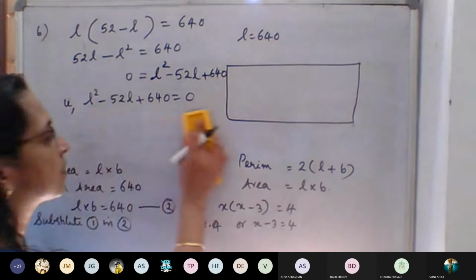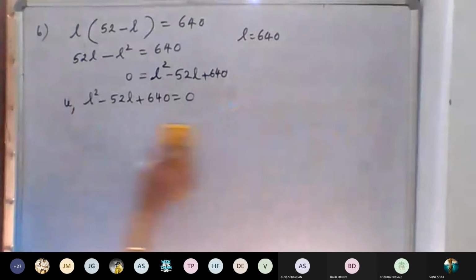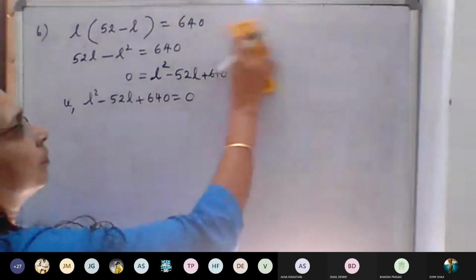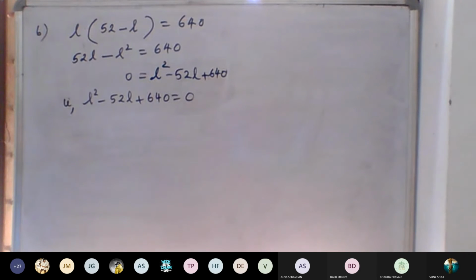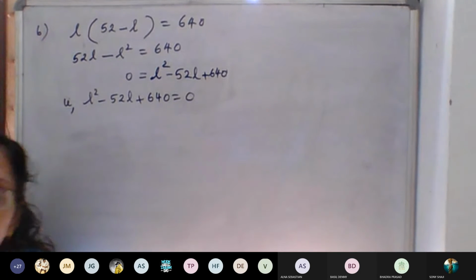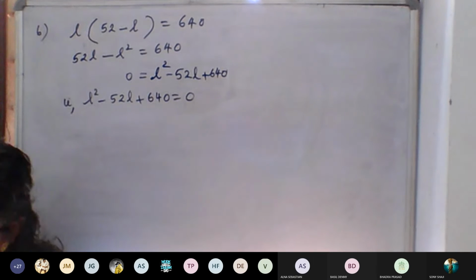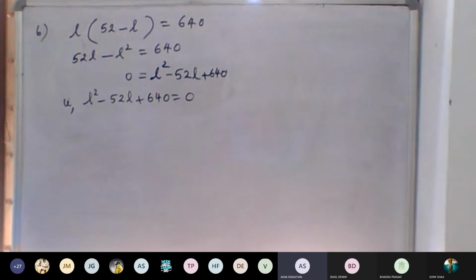We need two numbers whose product is 640 and sum is 52: minus 32 and minus 20.